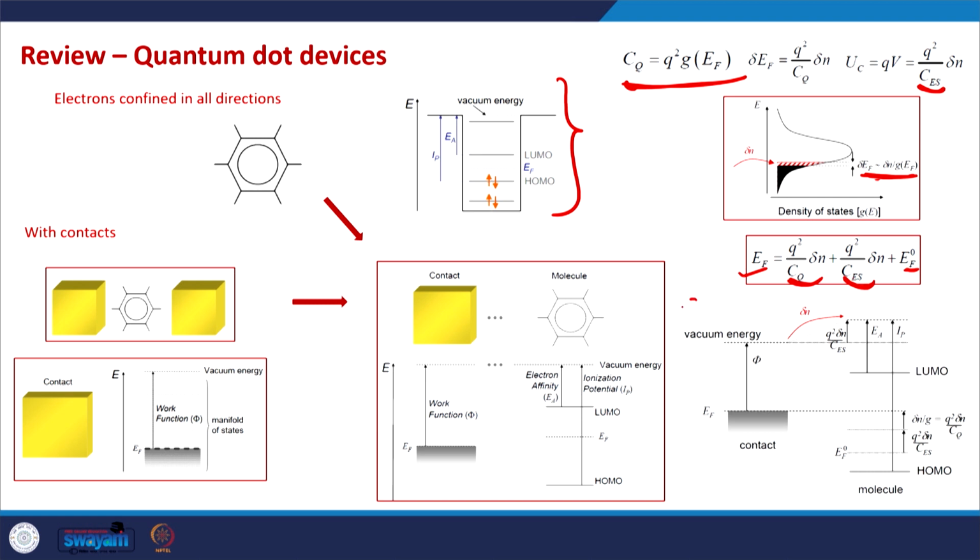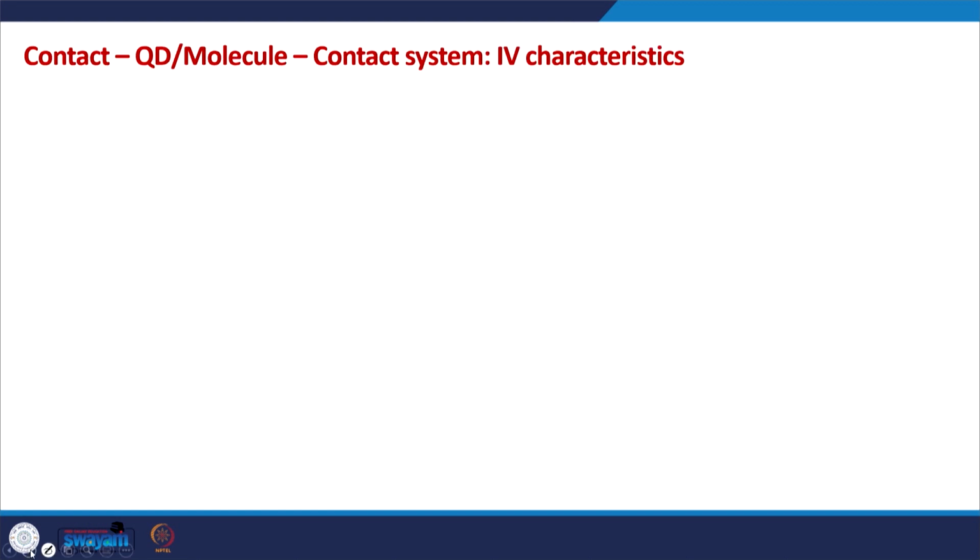Pictorially, this is represented in this way, as you can see here. The key point is that the change in the vacuum energy is just because of the electrostatic capacitance, but the change in the Fermi level is because of both the quantum capacitance and the electrostatic capacitance. That's the key thing that we need to keep in mind while understanding quantum dot devices.